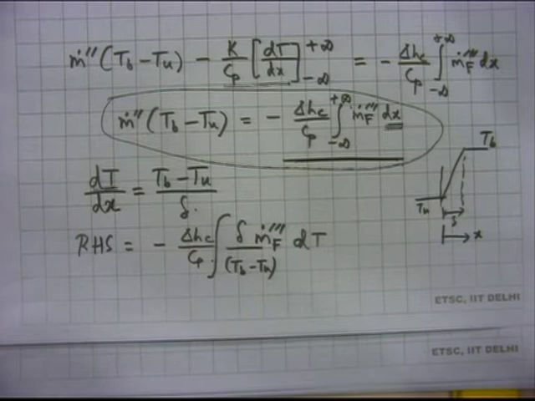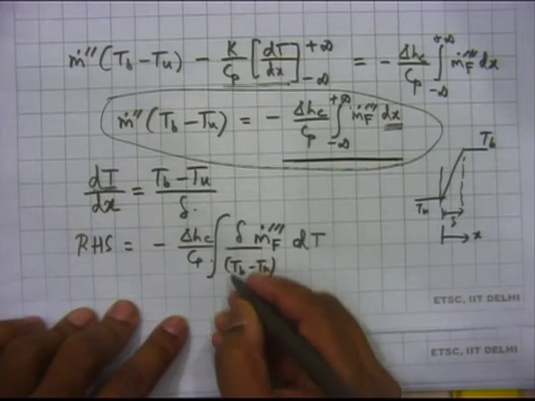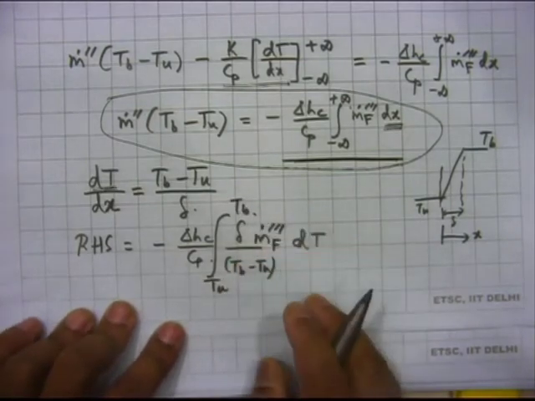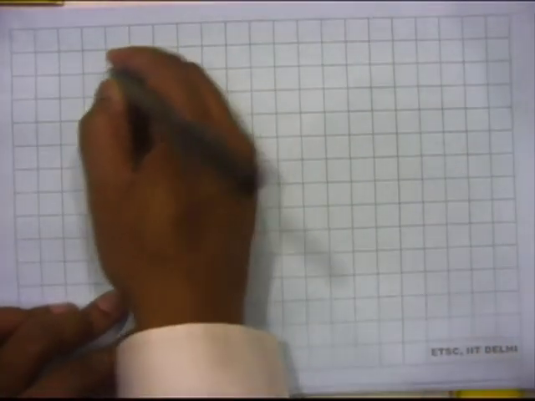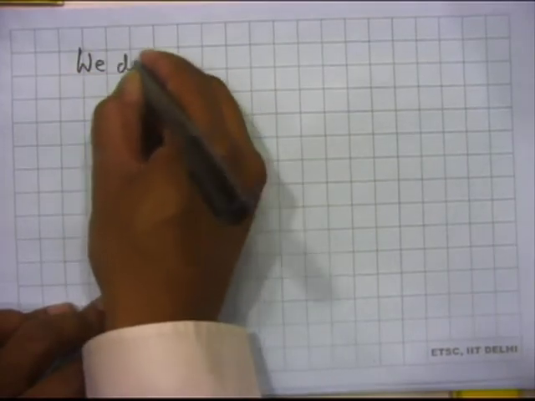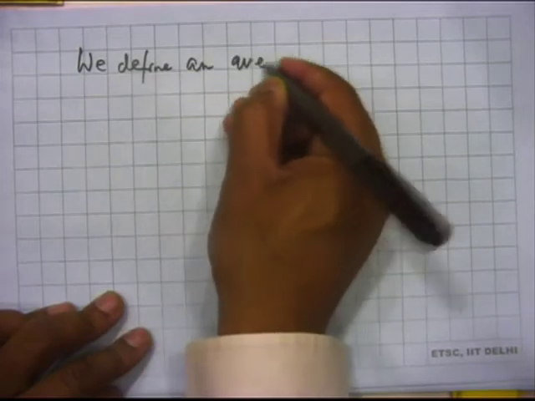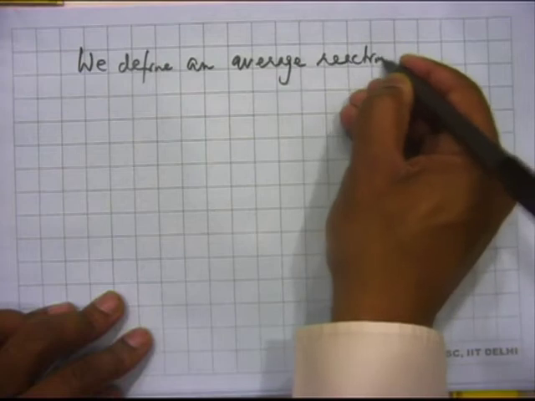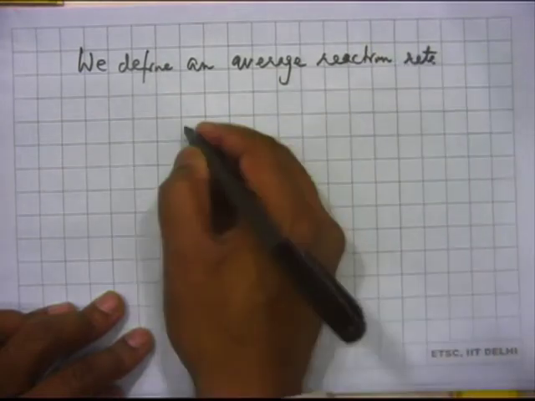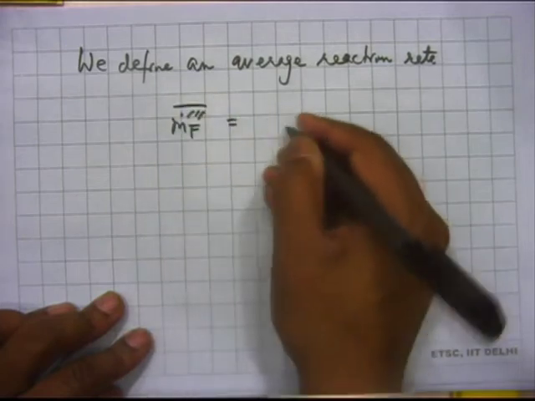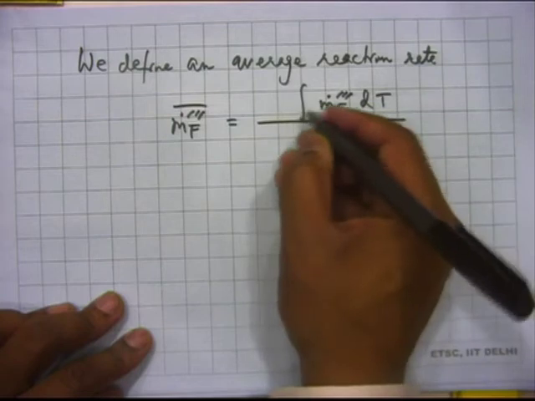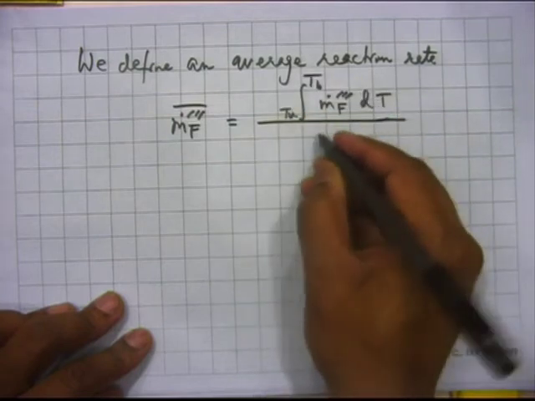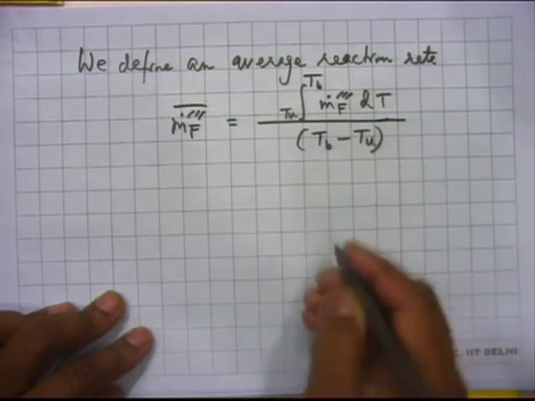So, what will be the limits on this one? So, it will be T_u to T_b, that is the right hand side, and we define an average reaction rate, m dot f triple prime bar, as the integral of m dot f triple prime dT divided by (T_b minus T_u).